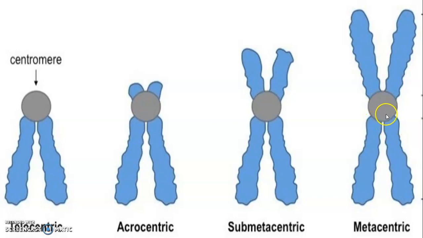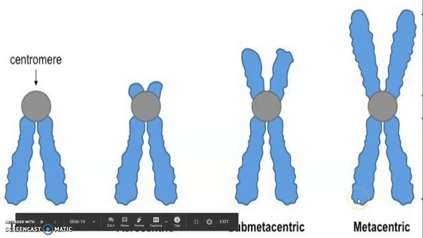This gray colored part is the centromere. The centromere is in the center, so it has 2 equal arms. This type of chromosome is called metacentric.